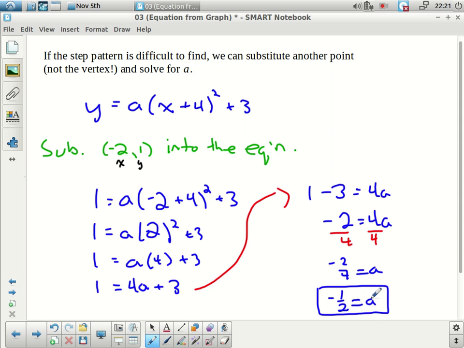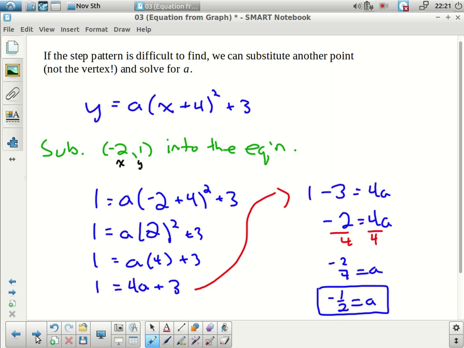Okay, and I got the value for a for my equation, which was the same as what we had on the other page. So those are the two methods of how you can figure out what the value of a is. Okay, so thanks for working this through.